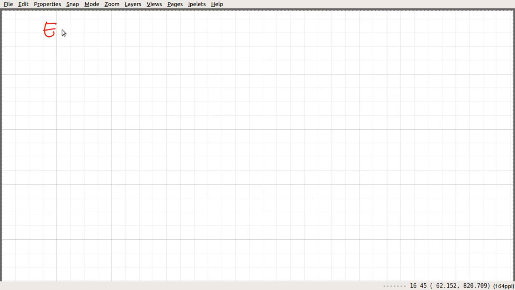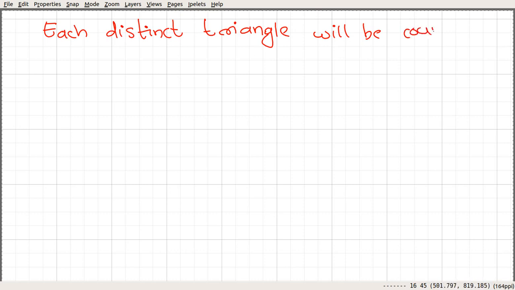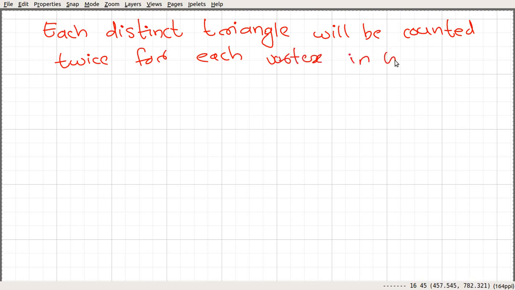So we can very easily see that each distinct triangle will be counted twice for each vertex in G, so once in each direction.